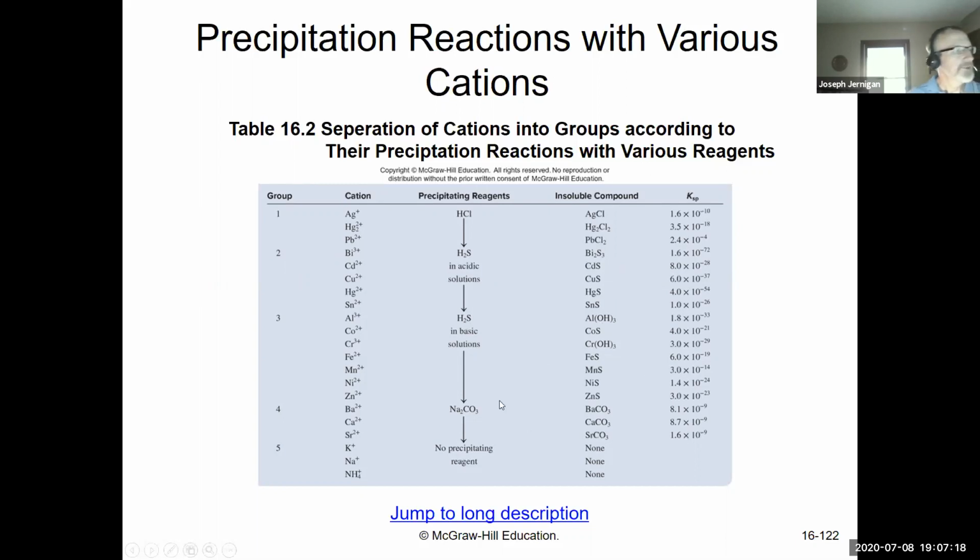So you can continue to go through this and remove metal ions group by group from complex solutions, based on the careful choice of precipitation reagent creating selectively insoluble compounds.